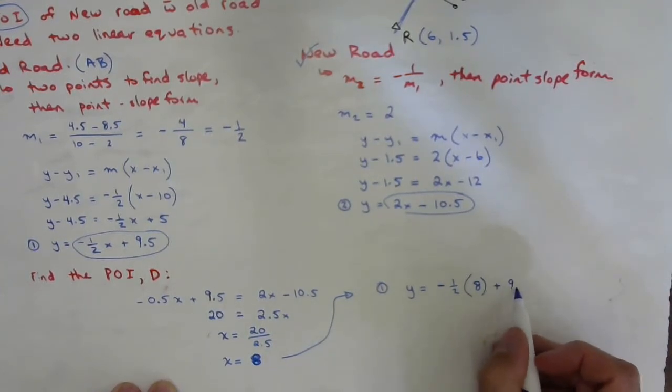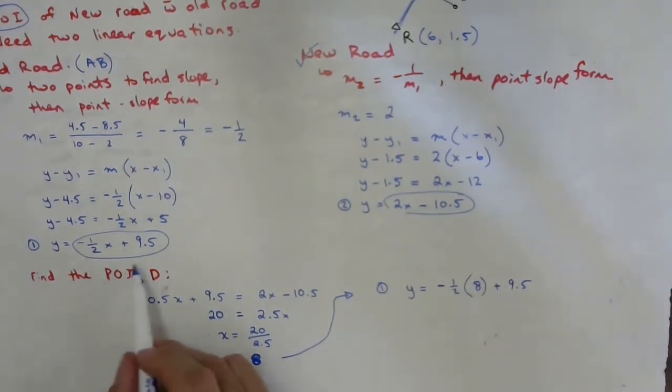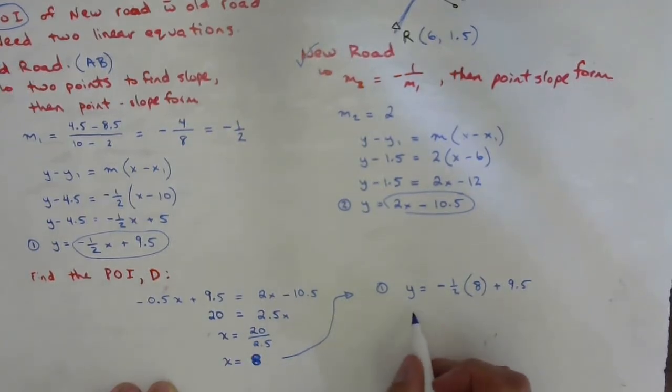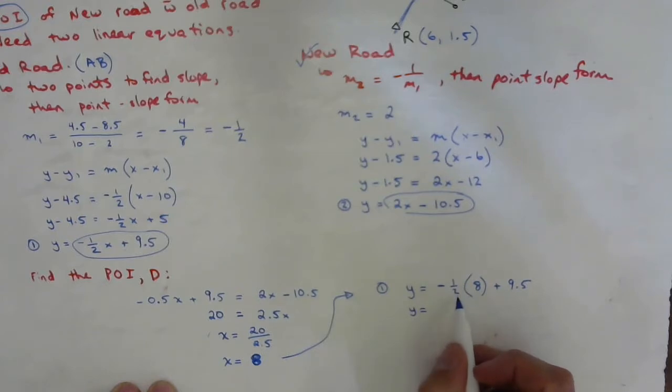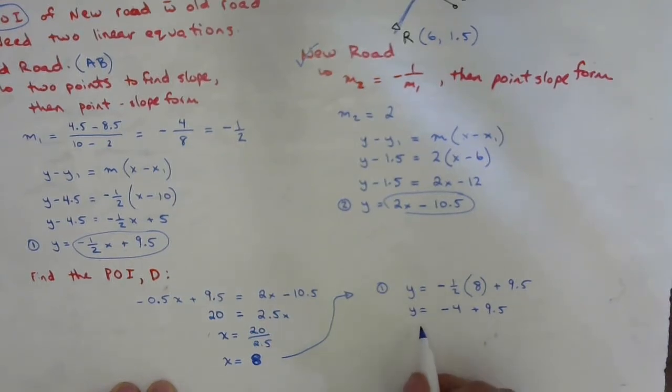And I'm going to add 9.5, just copying down the rest of the equation. That tells me that y is going to equal, what's negative 1/2 times 8? Negative 4. It's negative, and it's half of 8. So that's negative 4 plus 9.5, which is the same as 9.5 take away 4. It tells me that y is 5.5.